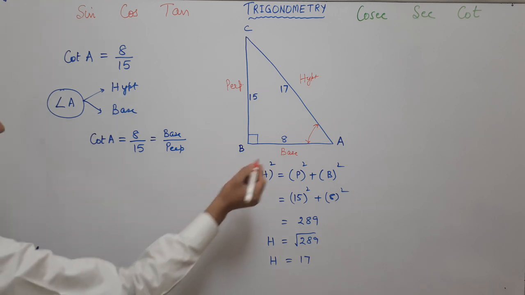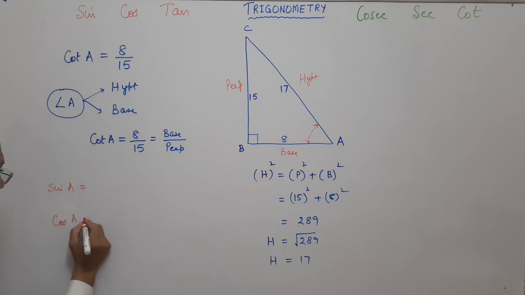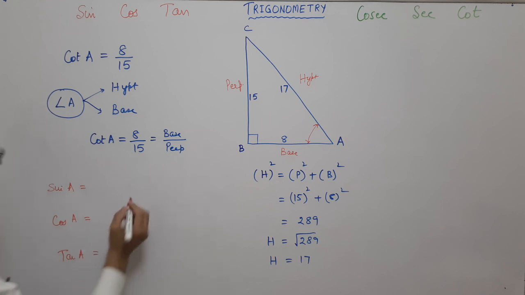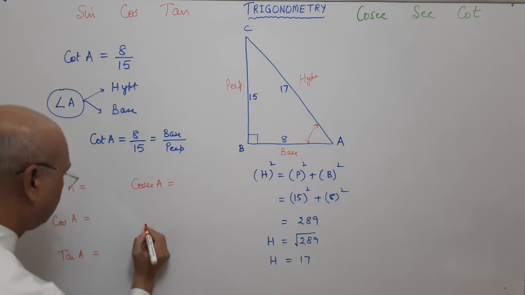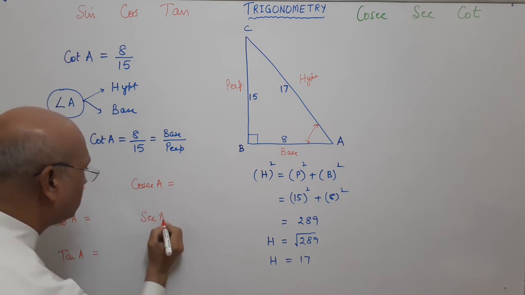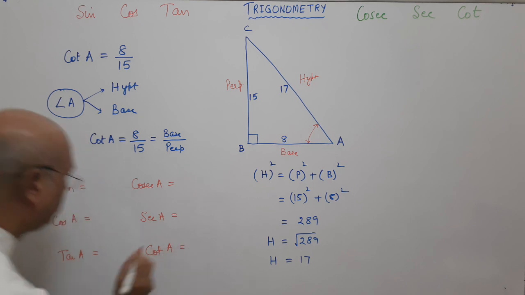So sine A, cos A, tan A, and cosec A, sec A, and cot A. They are reciprocal of these values.